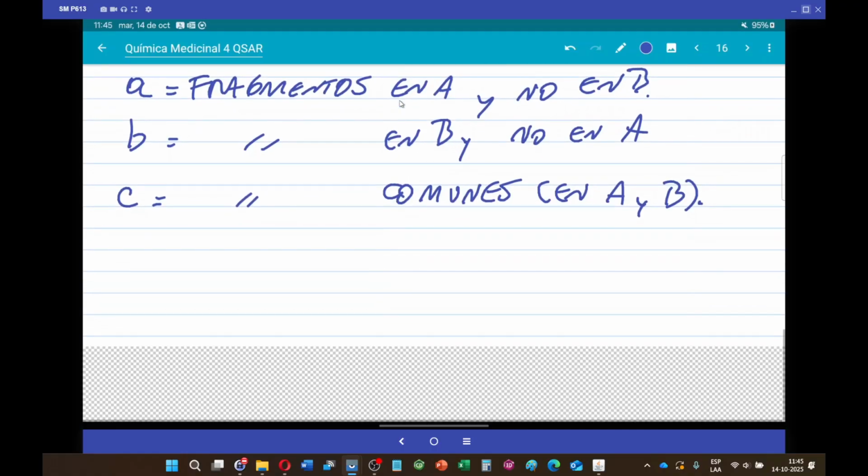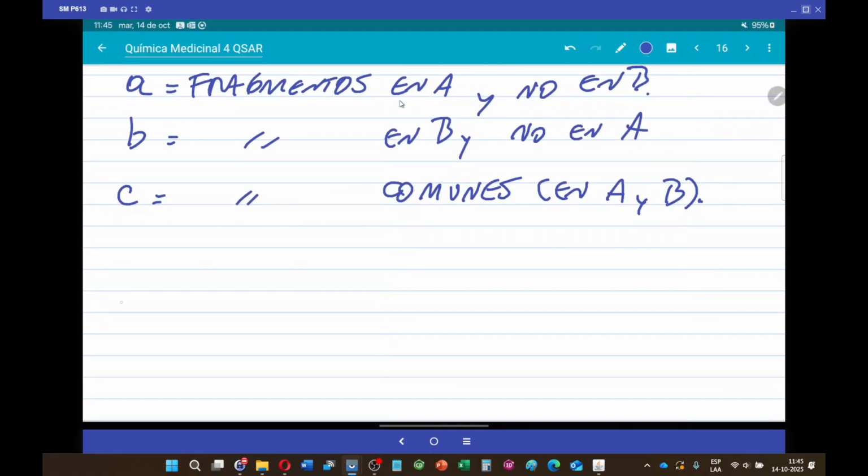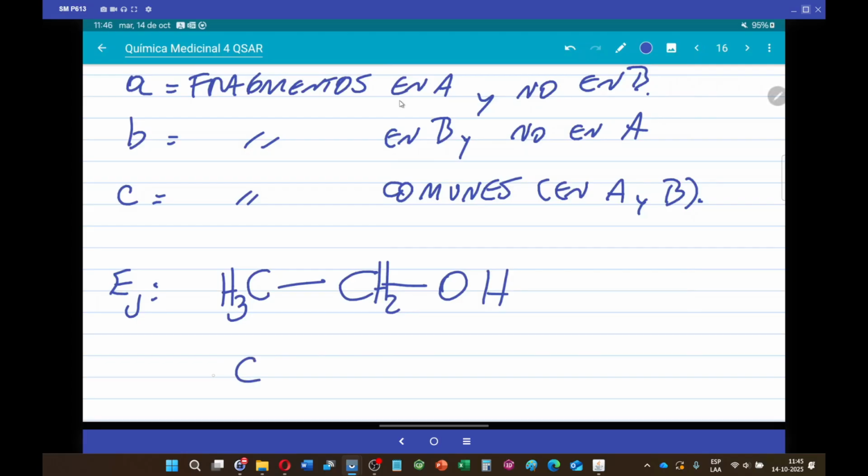If we have ethanol, for example, we have this molecule like this, and it ends with an OH. So I have a methyl, CH3, a CH2, and it ends with an OH.